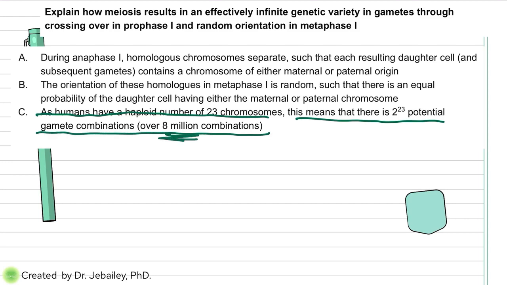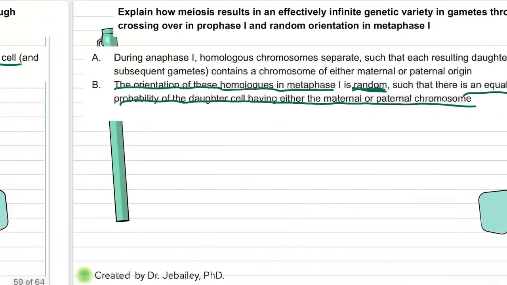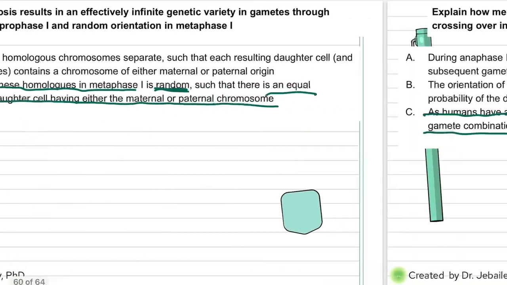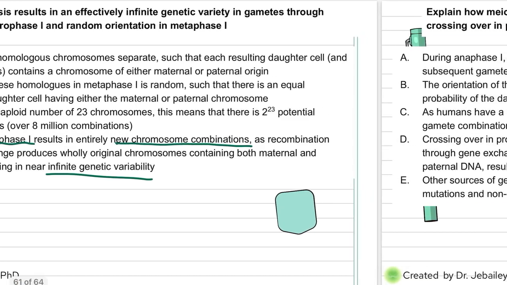So that means we have over 8 million combinations of gametes. Now, the crossing over that happens in prophase has to do with new chromosome combinations, which I just did here on the drawing. As you see, these were 4 different new combinations that we had here. So it's all exchanged during crossover. So it's an infinite genetic variability in this case.